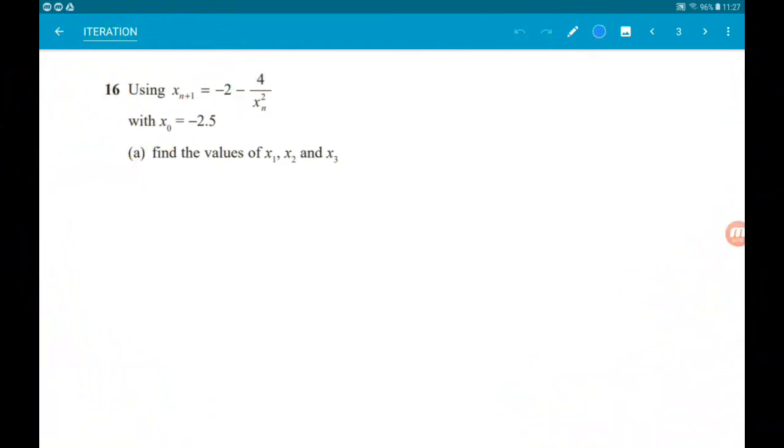Okay, next up, using x n add 1 is equal to -2 minus 4 over xn squared, and with x naught as minus 2.5, part A, find the values of x1, x2 and x3. Okay, so we do need to be a bit careful when negatives are involved.